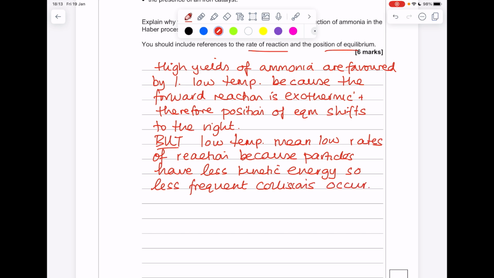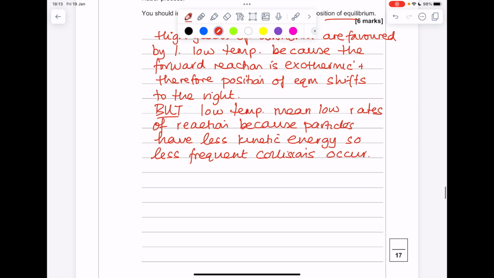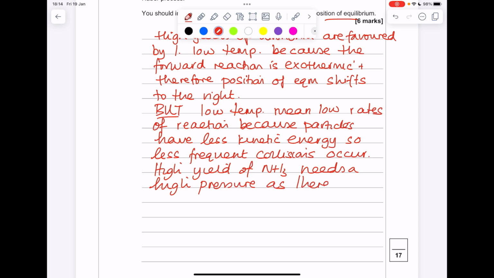Now we need to talk about pressure. So count the number of moles of gas. There's an invisible one there. There's 3 there. So there's 4 moles on the left, 2 on the right, which means to move the position of equilibrium to the right, we want to increase the pressure. So we'll write high yield of ammonia needs a high pressure, as there are fewer moles of gas on the right hand side.